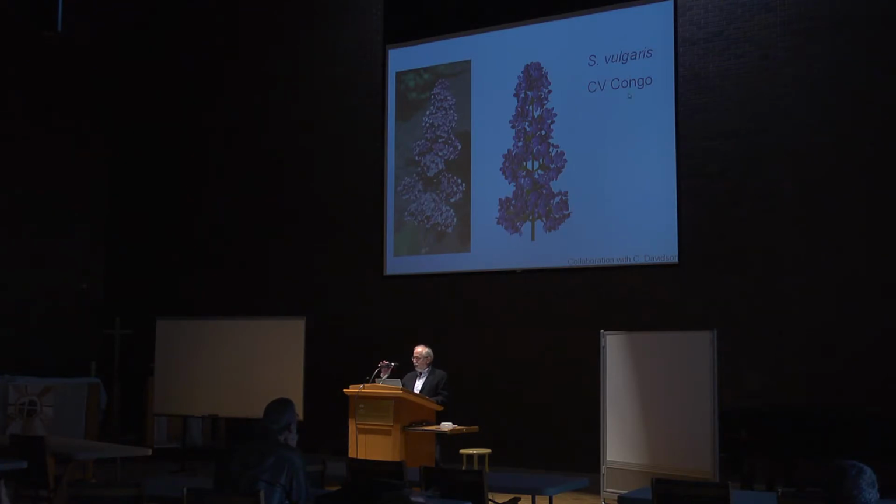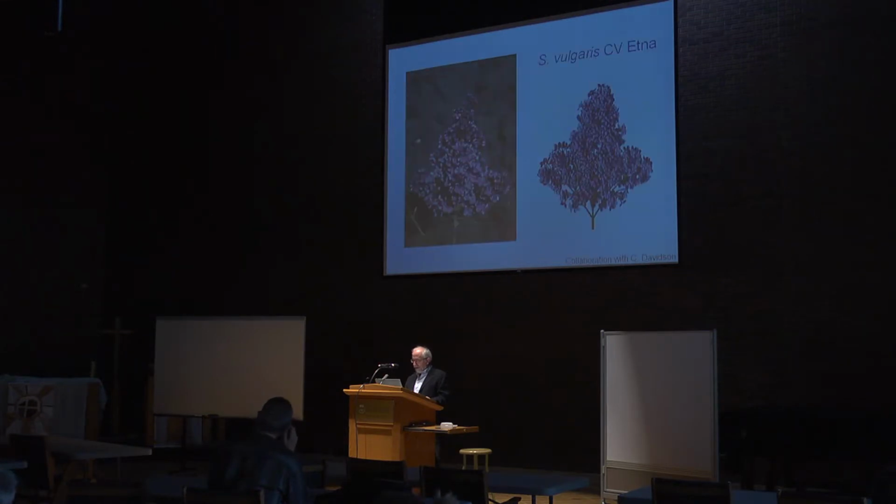In the case of lilacs, for example, because they have high ornamental value, there are many different varieties of lilacs which are quite different from each other, even though this is the same species. So for example, here is a variety called Congo, and here is a variety called Etna.